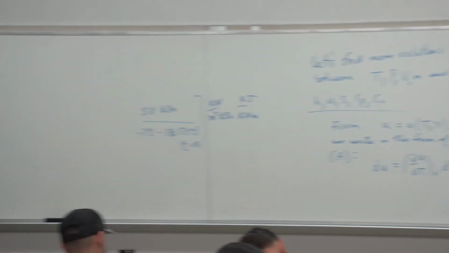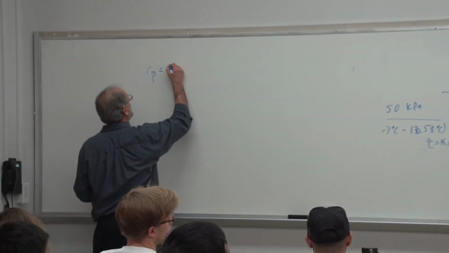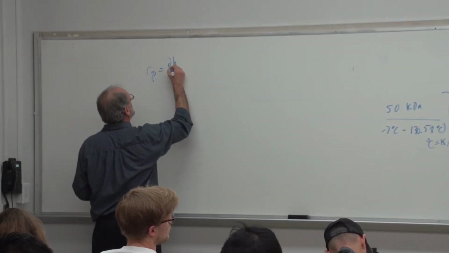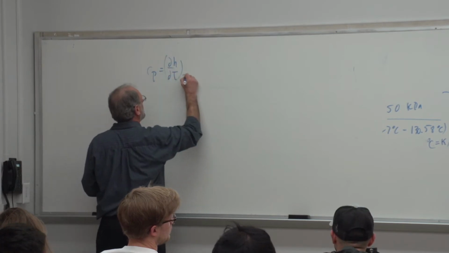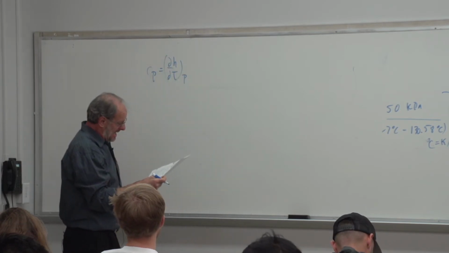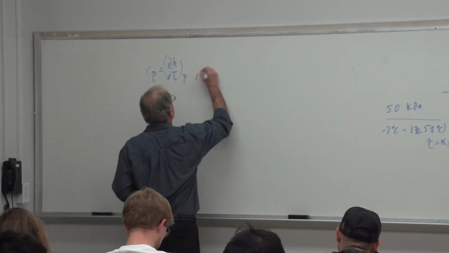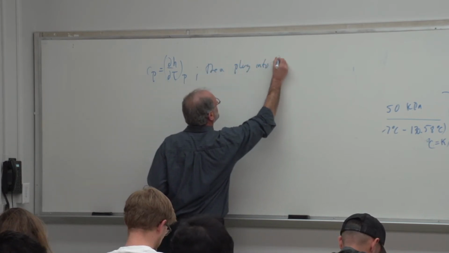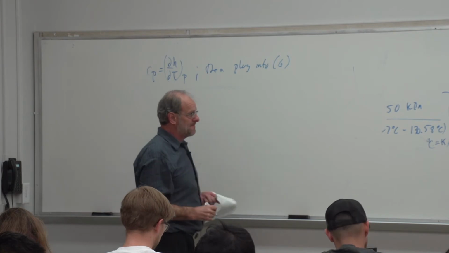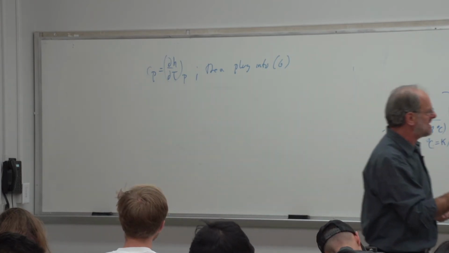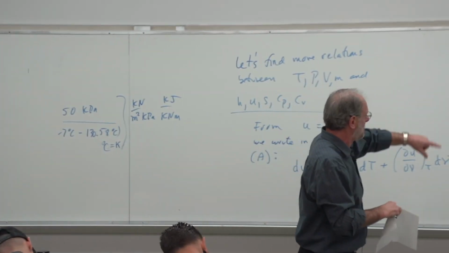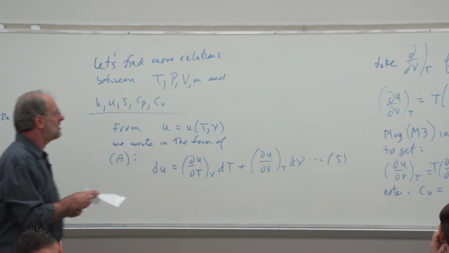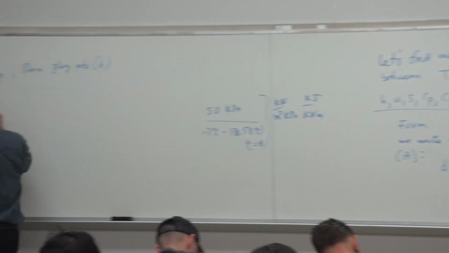We use our definition of specific heat at constant pressure, so that's del H del T at constant P. And then plug into equation 6. Certainly anybody who wants to can go through the same derivation, just follow the same steps, do everything that I've done over here, and we'll end up with the following.